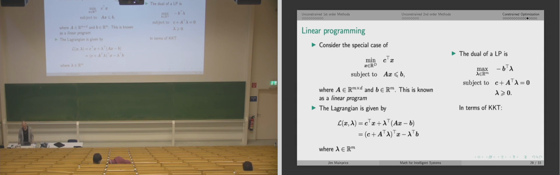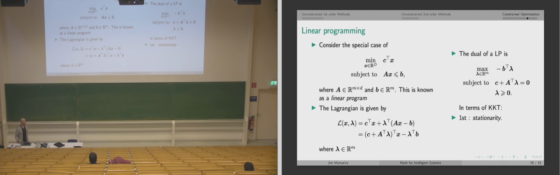The first constraint that appears here is the stationarity constraint, because the gradient of the function, which is c, plus the gradient of the inequality constraint times the dual variable, is equal to 0.